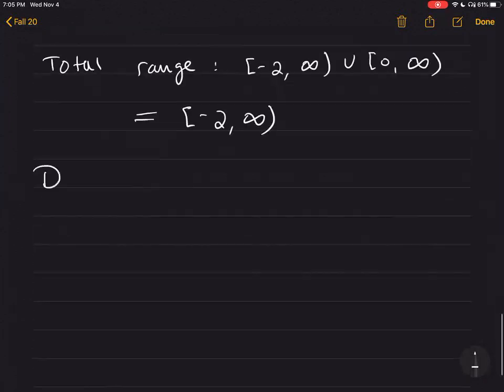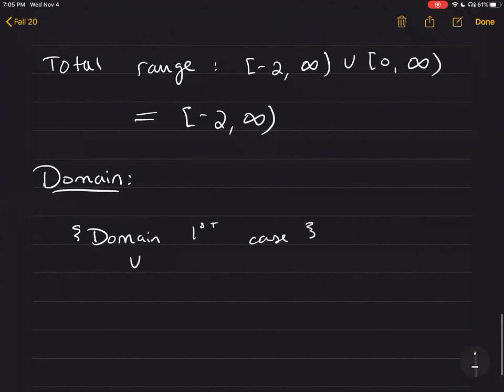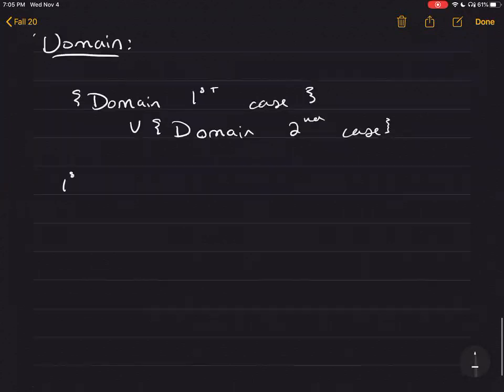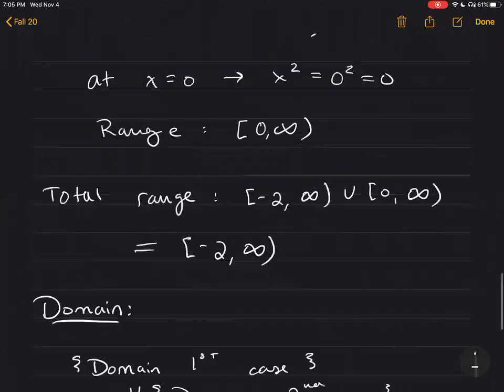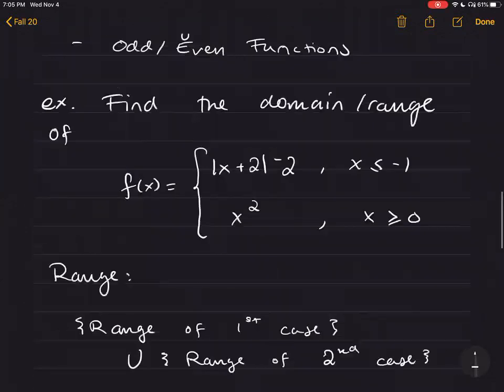Now we want to find the domain. And again, the rule for domains is similar. So that's going to be the domain of the first case unioned with the domain of the second case. All right, again, let's look at the first one first. In the first case, we have this absolute value right up here, and we've got a -2 there.